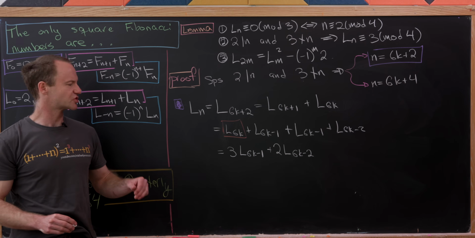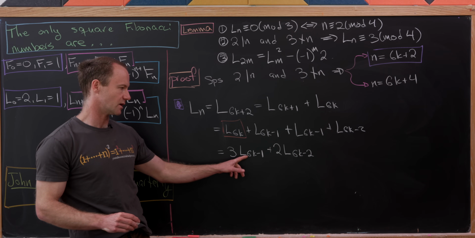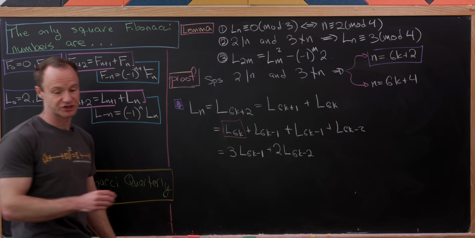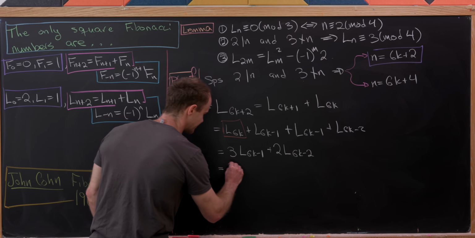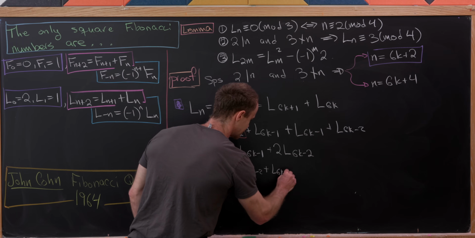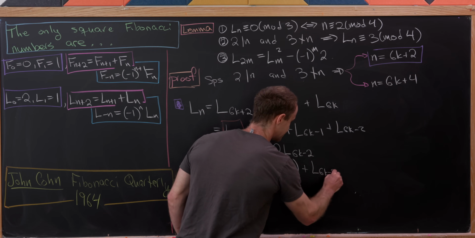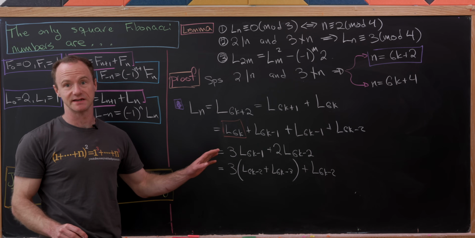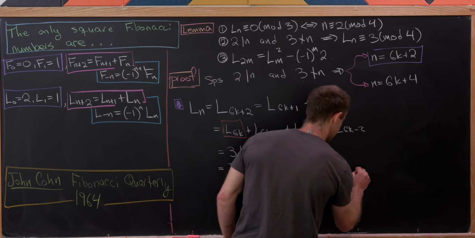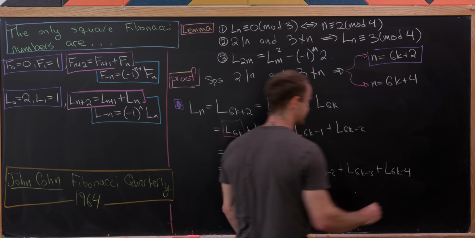And now here comes a tricky part. We're going to apply the recursion again to this L sub 6k minus 1 and apply it to one of these L sub 6k minus 2's. So let's see where that leaves us. We have 3 L 6k minus 2 plus L 6k minus 3 plus L 6k minus 2, because we're leaving one as is, and then applying the recursion to the other one, we'll get L 6k minus 3 plus L 6k minus 4.